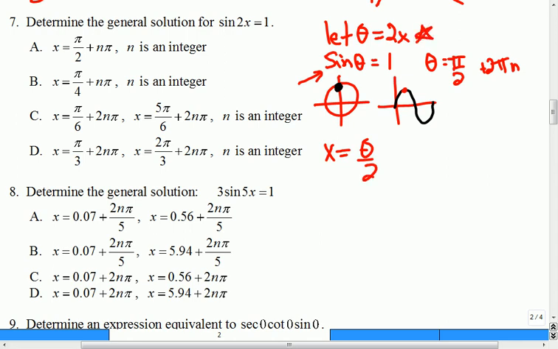That means x will be equal to half of what I had here, pi over 4. The period of the sine graph that I was given is pi. So that means I'm going to be adding pi n, where n is an integer. So it should have been B.